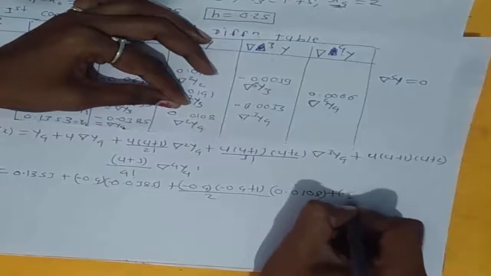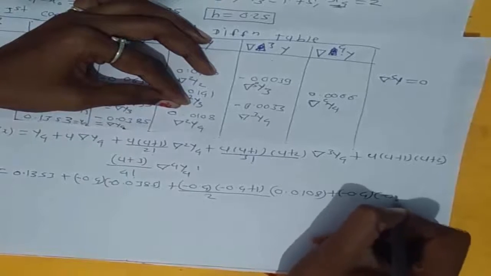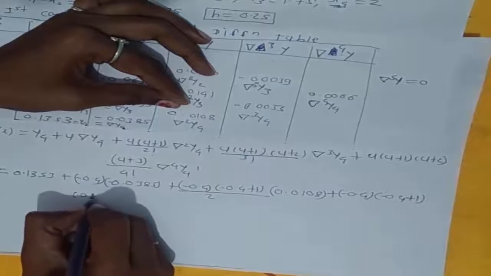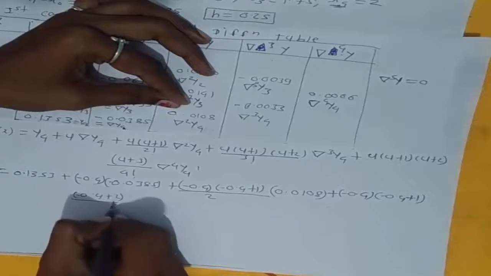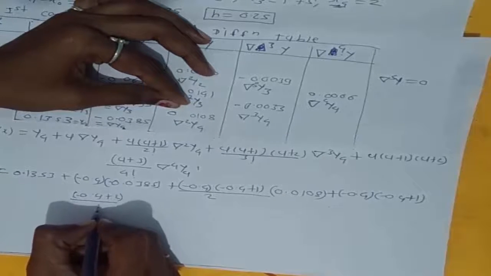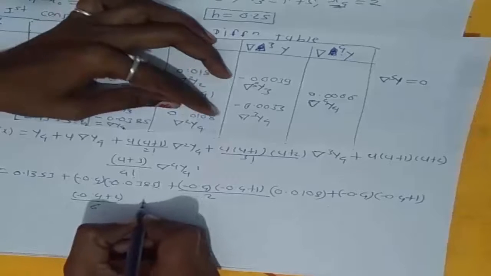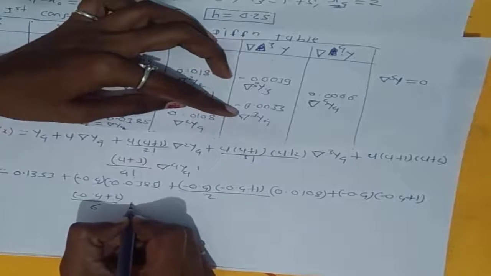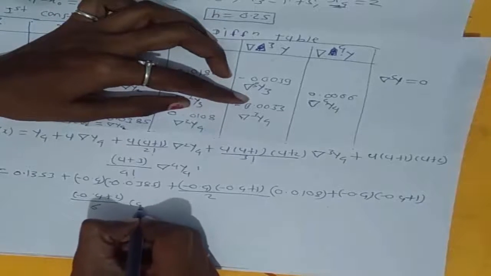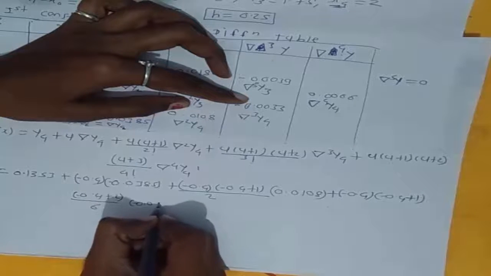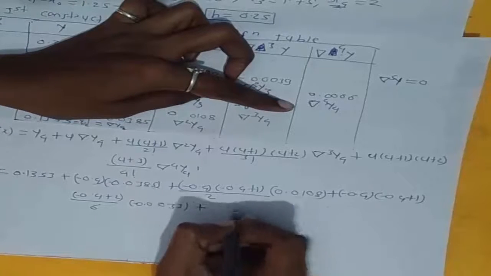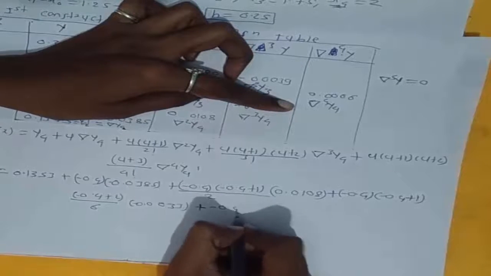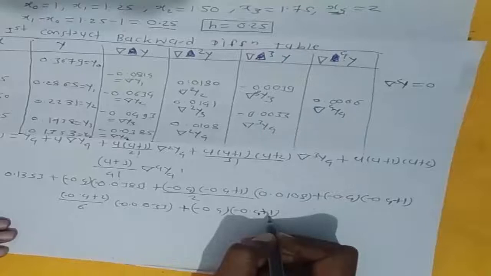Then plus again minus 0.4 into minus 0.4 plus 1 into minus 0.4 plus 2 divided by 3 factorial, that is 6, into del cube y4, which is equal to minus 0.0033 from this table.